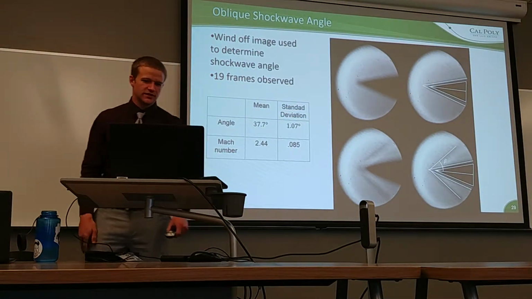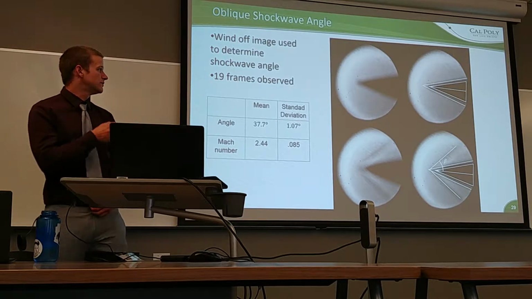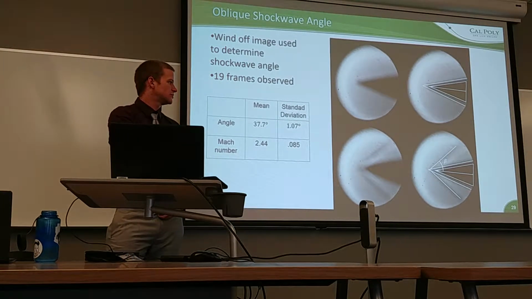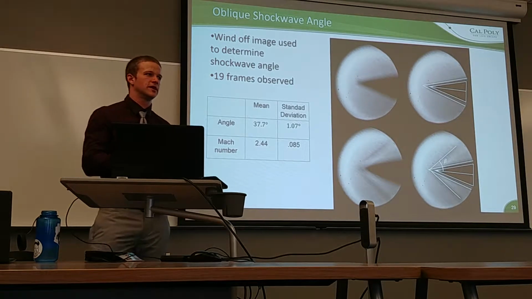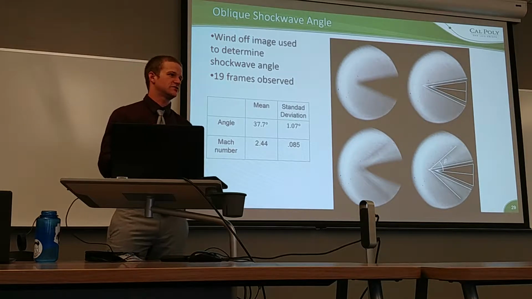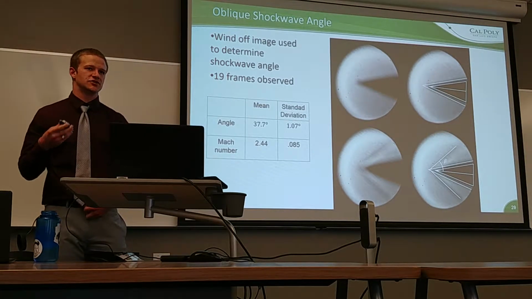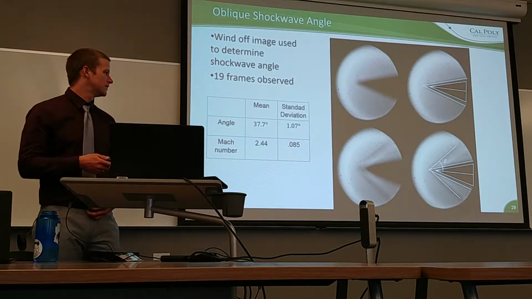All right, so we're still on slide 29 here. Using this method, I drew a line through each shockwave on the top and the bottom of the model, and then measured the angle to the center line and recorded those. For the test, we had 19 images, each spaced 400 microseconds apart.